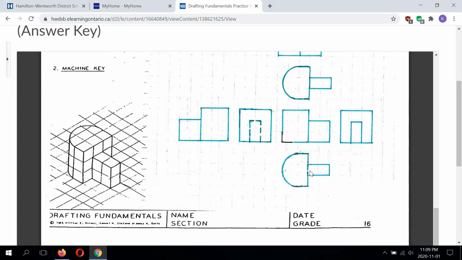It's very short, it's very small, but we have no way to see or to know that this steps down here, that this isn't flush with the top surface, right? When we look at it from the bottom. So basically the only way we can represent that is with a hidden line here.